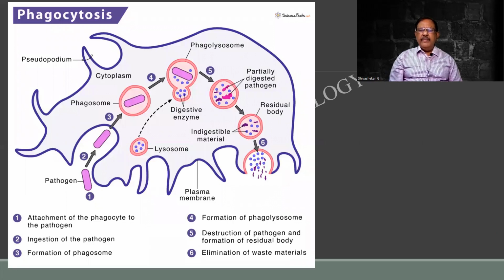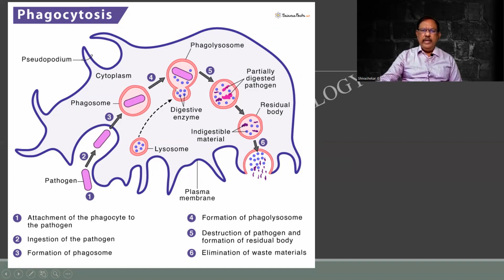This again is a very conventional diagram. We shall touch upon it. There is a vesicle or a depression that develops when the pathogen touches it. And there are the edges which fuse together to form the phagosome.